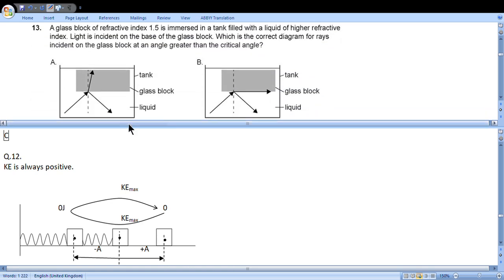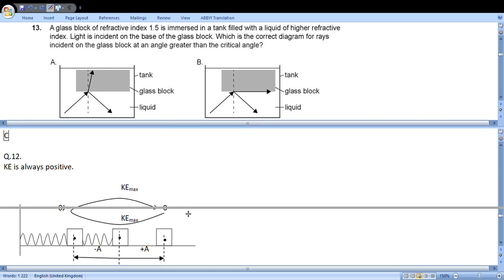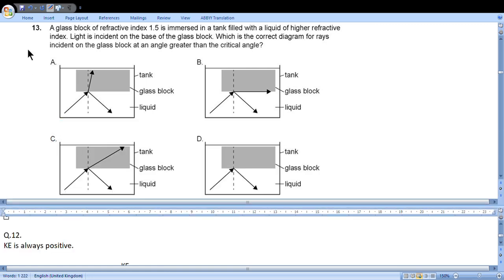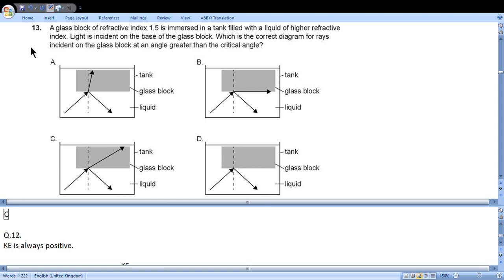Question 13. A glass block of refractive index 1.5 is immersed in a tank filled with liquid of higher refractive index. Light is incident on the base of the glass block. Which is the correct diagram for rays incident on the glass block at an angle greater than the critical angle?